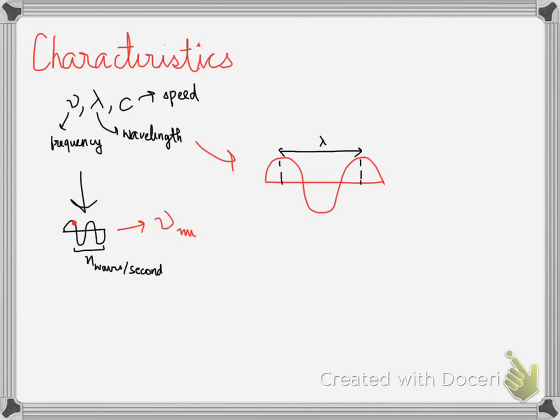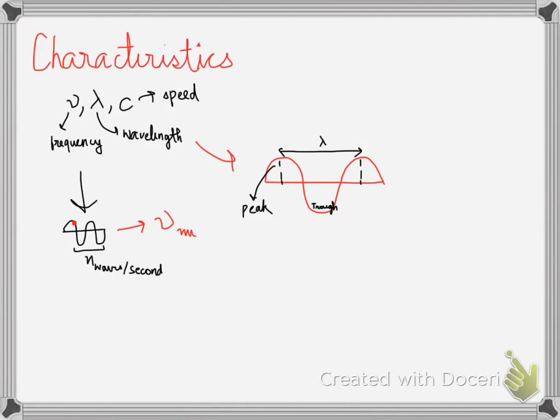So what is a trough? This is the trough, and this here is the peak. So the distance between these two peaks is called the wavelength, right?